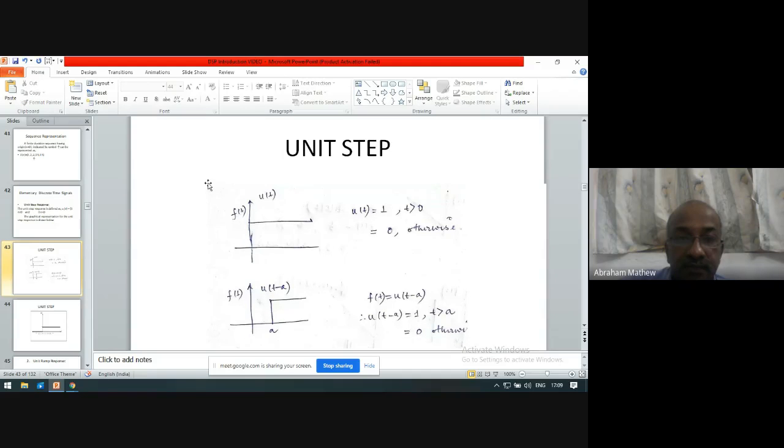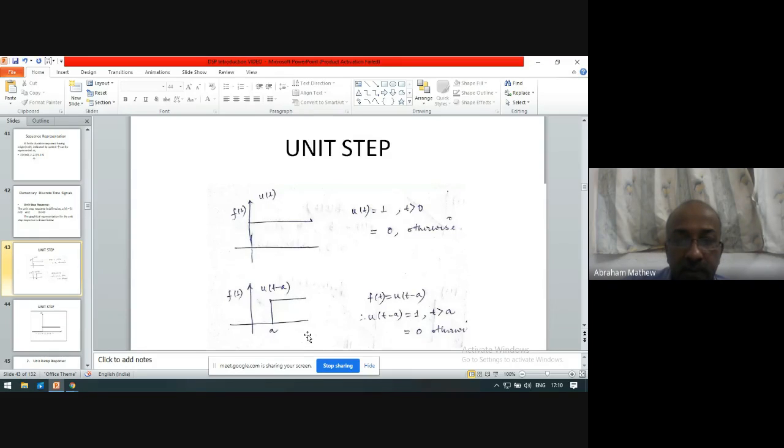A unit step signal in graphical representation is expressed like this. Here, unit step is represented as u of t is equal to 1 for t greater than 0. For all values of t which is greater than 0, it will maintain a level of 1. This is what is a unit step.